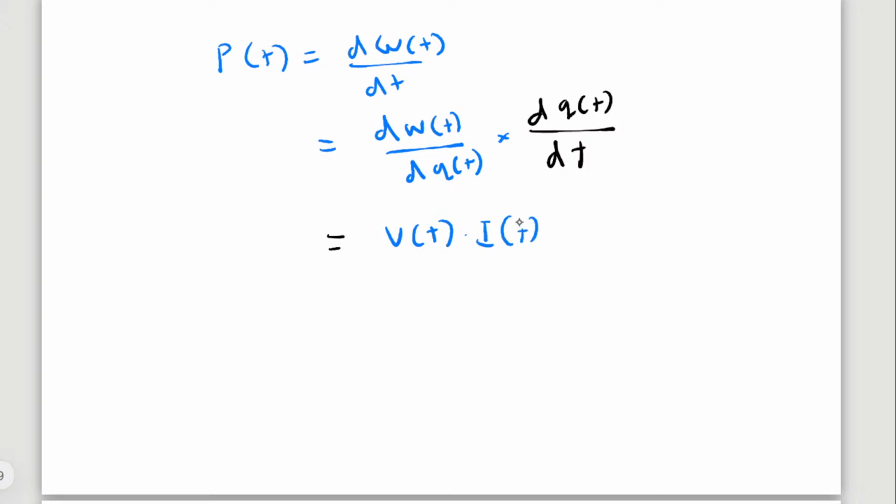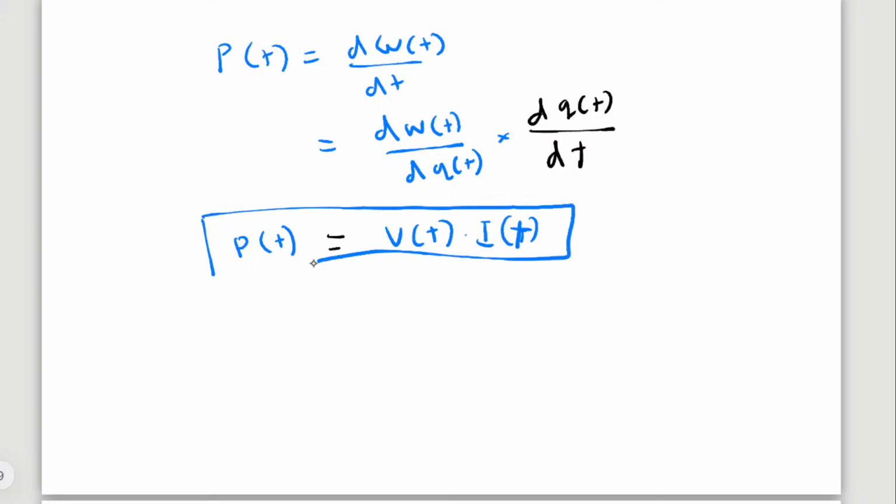So power at an instant is v of t into i of t, valid for any circuit. The instantaneous power is instantaneous voltage times instantaneous current.